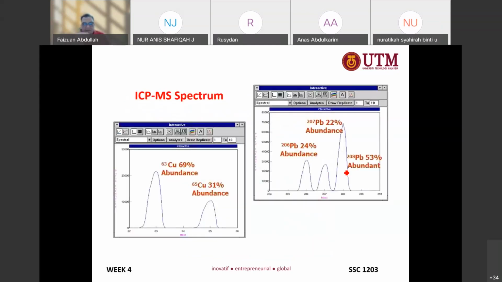And we have selectivity: a different mass for every element that is detected. For copper, we have two types of copper. For a single element, we have isotopes, you know, what do we call that? You have learned this before.